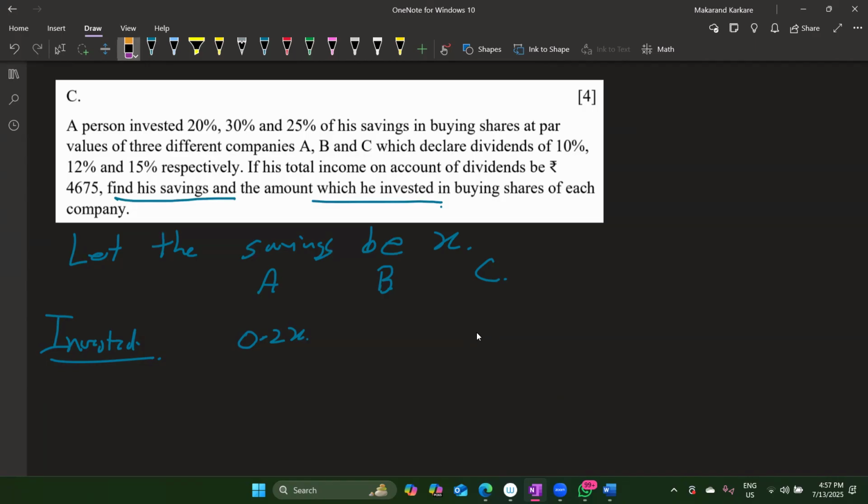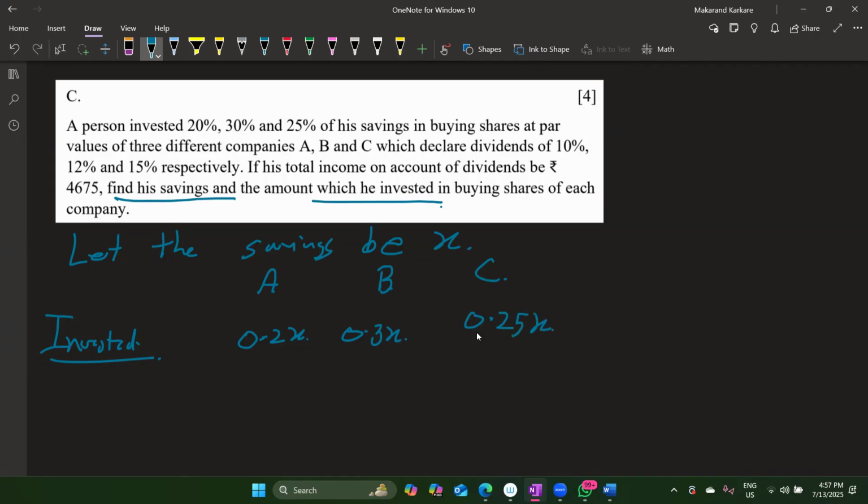But I may not get that easily everywhere. So 0.2x. What is investment in B? Investment in B is 30%. So that's 0.3x. And investment in C is 25%. So 0.25x.